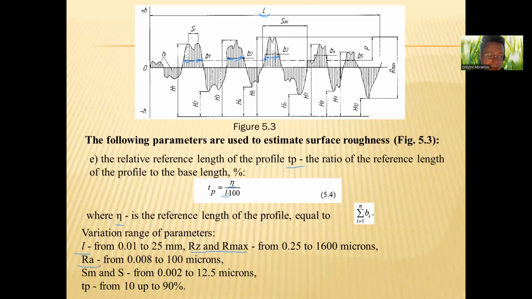Next parameter, R suffix A, from 0.008 to 100 microns or micrometers.